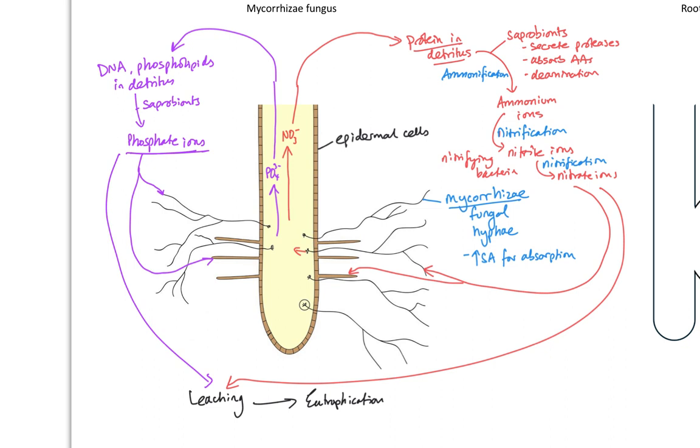So the benefit for the plant is that it's got faster access to nitrates, NO3 minus, and PO4 3 minus, for making DNA, proteins, etc. And the positive for the mycorrhiza fungi is it's protected from drying out.